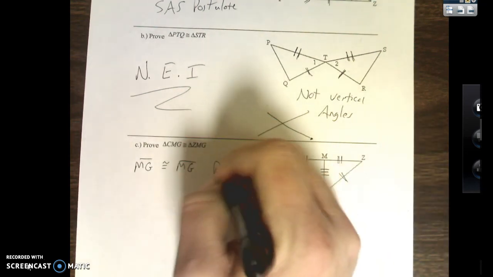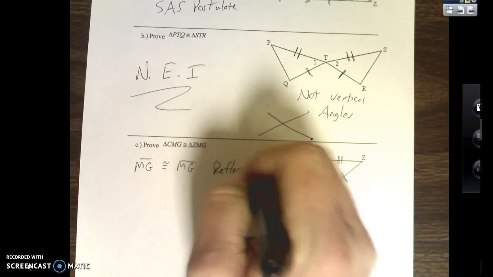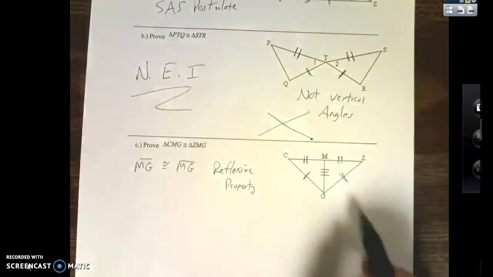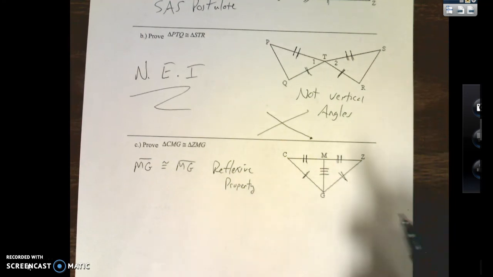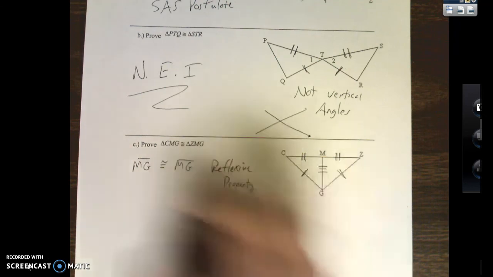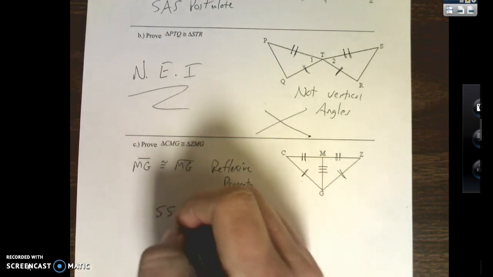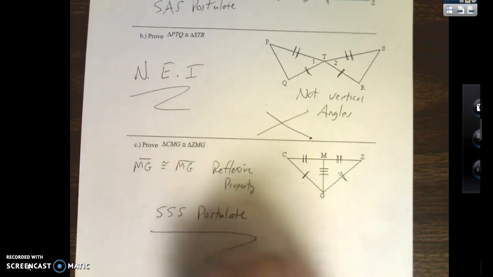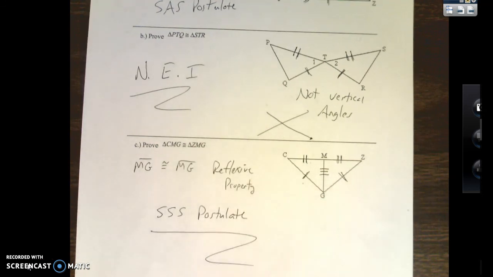And that again is our reflexive property. Well, good news, everyone. Now I've got what I need because I have a side, side, side. So I have my SSS postulate. Okay.